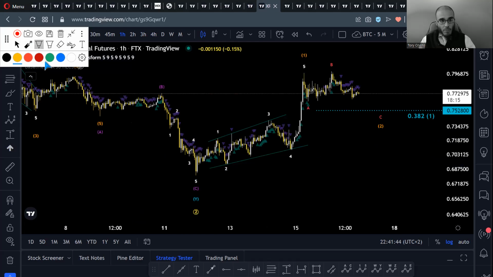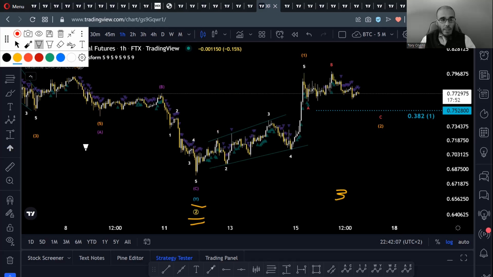And here, I'm not going to talk about the entire decline, but it was a WXY decline. And here you can see the end of wave Y. And that did finish the second wave of the wave 2. So now we're expecting a wave 3 up.